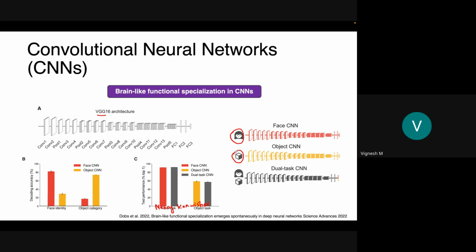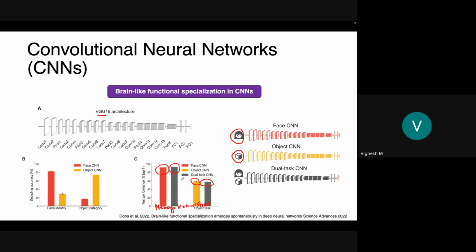Okay, but very interestingly, if you train a network on both, that is faces and objects, what they saw was that the network trained only on faces and the one trained on both were very similar in accuracy. And then the network trained on objects only and the CNN trained on both also had very similar accuracy.